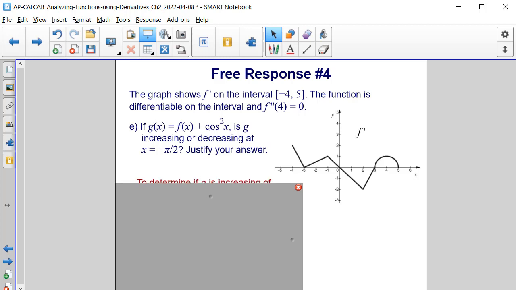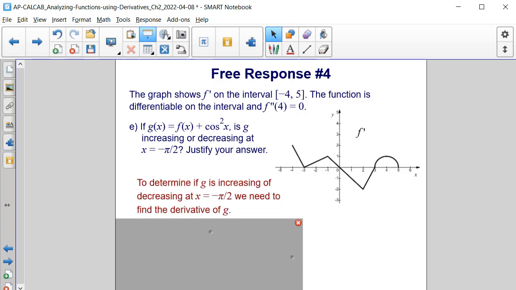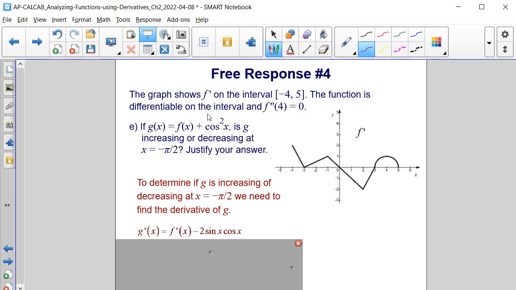So if we differentiate g of x, we'll get g prime of x, which will be equal to f prime of x minus the derivative of cosine squared of x, which can be rewritten as cosine of x squared. So in order to find its derivative, we need to use the chain rule and power rule. So we need to take this 2, bring it out in front.